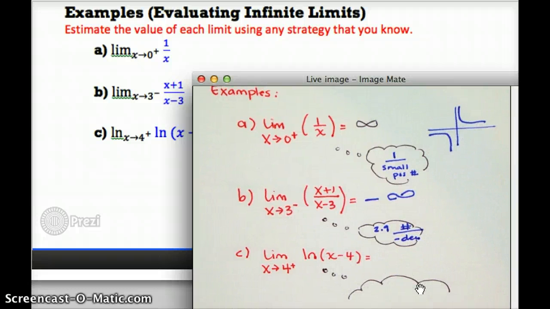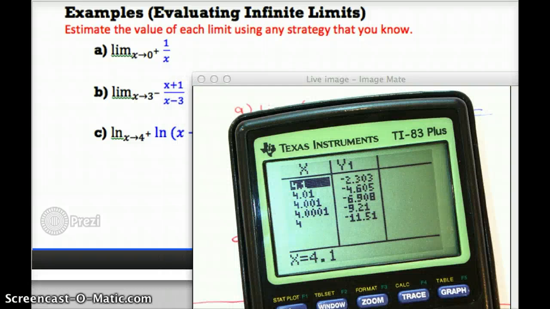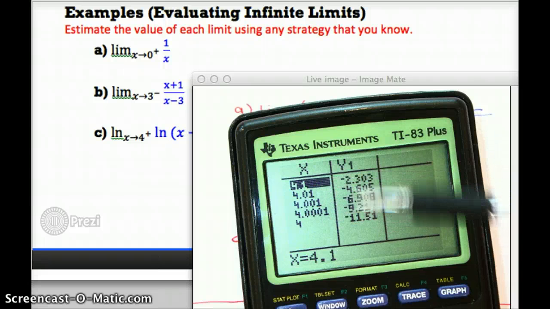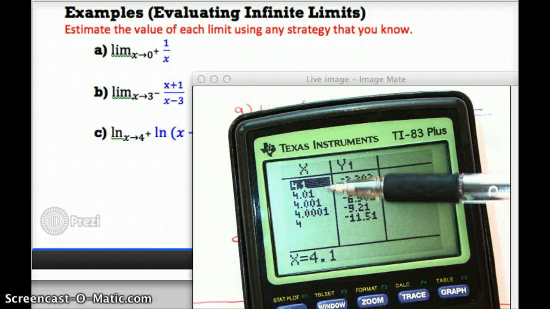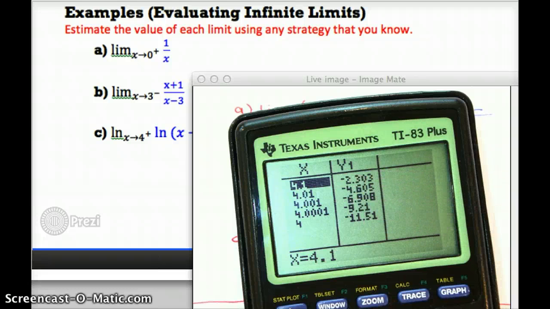Now, the last one is a little different. In fact, if you put this into your graphing calculator, you may not have been totally convinced. Here's what mine looked like. Since we're approaching 4 from the positive side, I chose numbers that were slightly larger than 4, and I put the function into y1, and this is what I got out. Now, what I notice is the closer we get to 4, the numbers are getting larger.